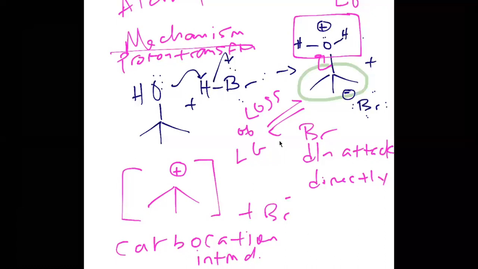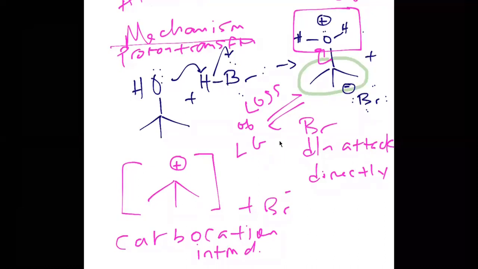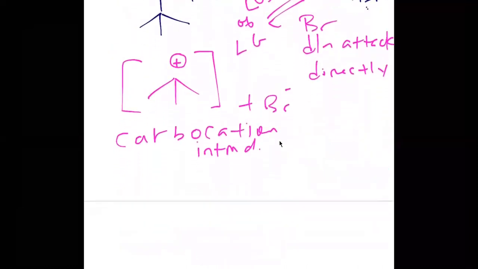It'll work on a secondary, but it'll be really slow. And the same with a primary, it'll be super slow, right? Because when you get to the intermediate part, that's going to be a problem because you're going to have a really unstable intermediate. Do y'all remember the trend for carbocation stability?